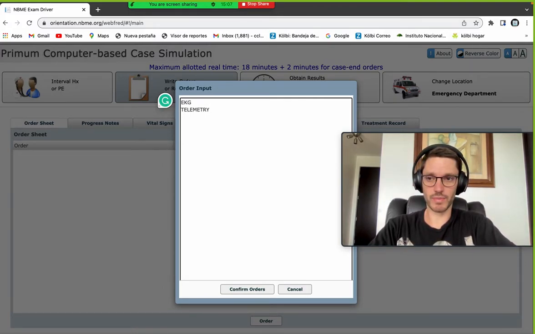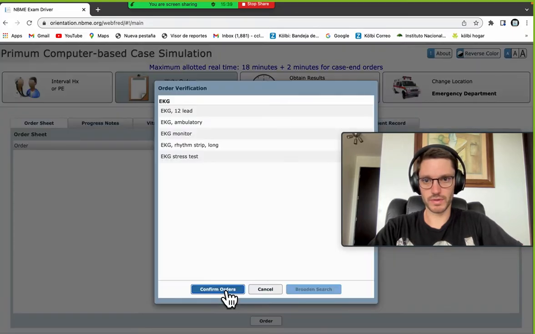Oxygen, I don't remember her oxygen saturation, but let's write this down. CBC, basic metabolic panel, and could ask for a chest x-ray. Let's see what happens if we ask for a portable chest x-ray. And well, if there's a STEMI, we shouldn't waste our time. And troponin, and what else?